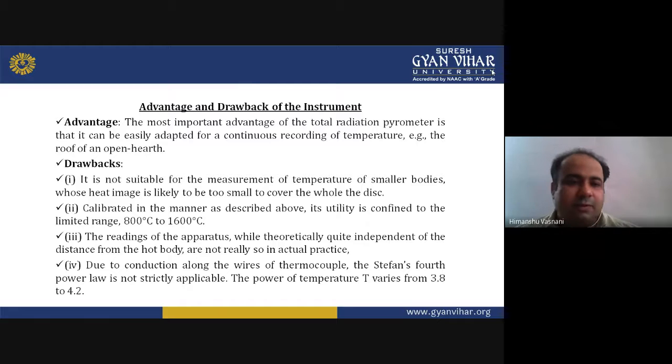Then the readings of the apparatus, while theoretically quite independent of the distance from the hot body, are not really so in actual practice. Due to conduction along the wires of the thermocouple, Stefan's fourth power law is not strictly applicable. The power of temperature capital T varies from 3.8 to 4.2.